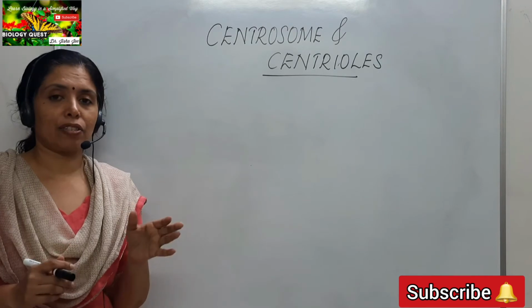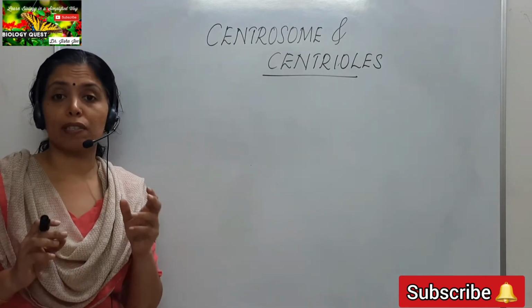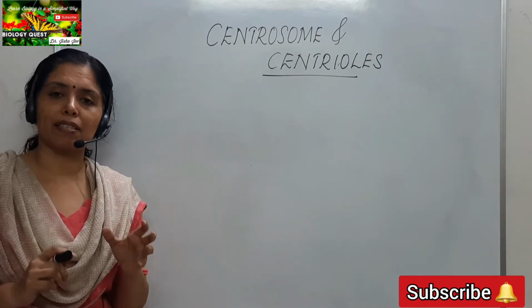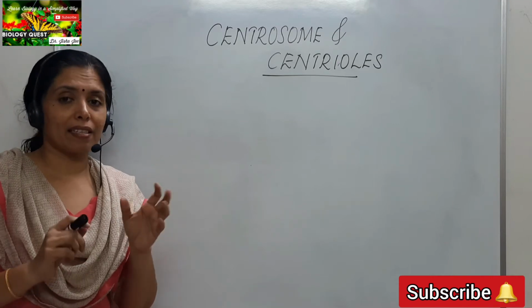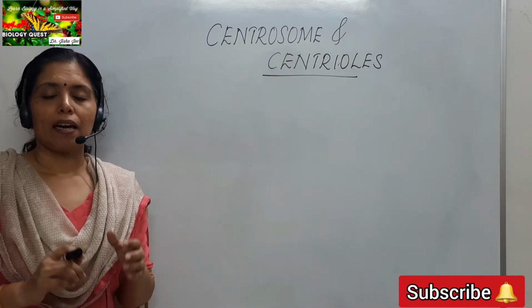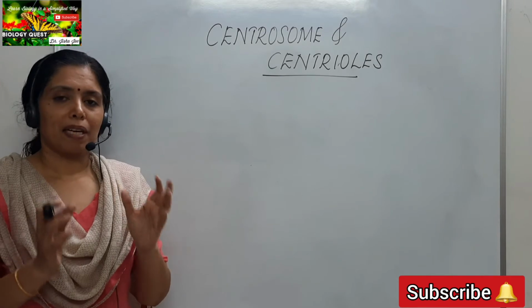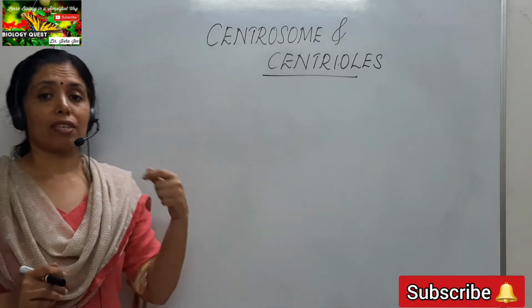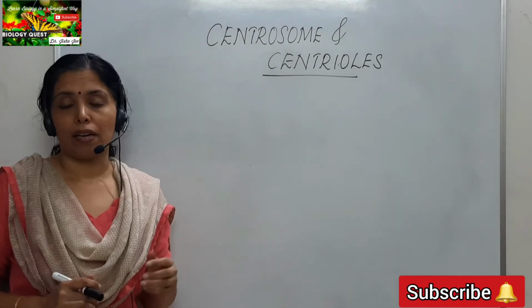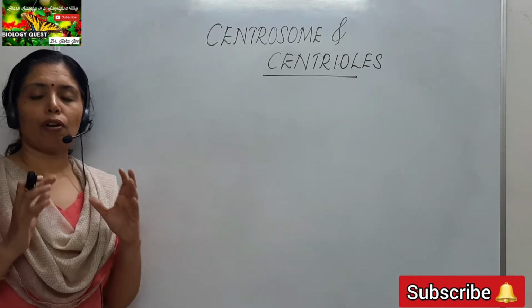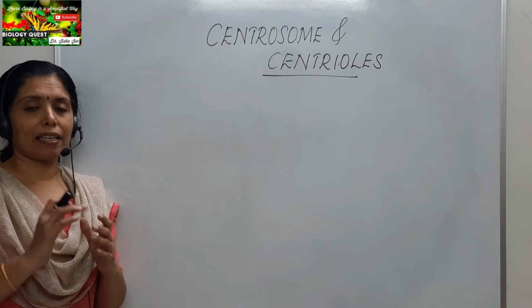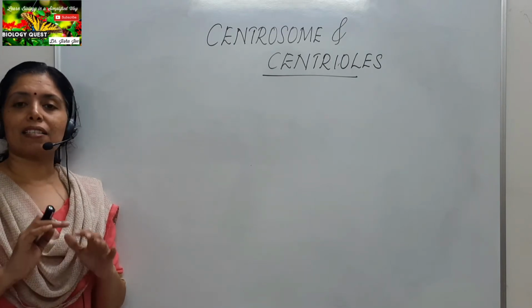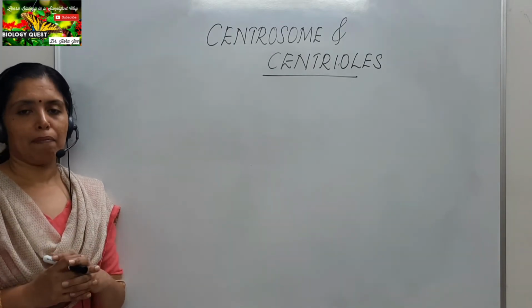Now, moving on to the structure of a centriole. We have seen that centrioles are rod-shaped or cylindrical structures that are present in the centrosome, in a pericentriolar matrix. The wall of the centriole is cylindrical in shape, and it is not bounded by any membrane.